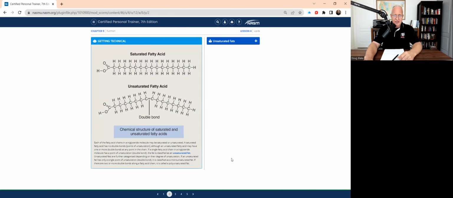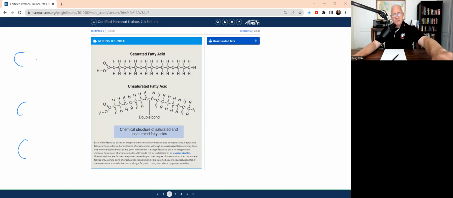Next page, here's again, how deep do you want to get into the biochemistry of this? This is a fatty acid. Now, remember, we had glycerol over here, right? So we have glycerol. Let me write this down for you. So you have glycerol, which was the C3, right?